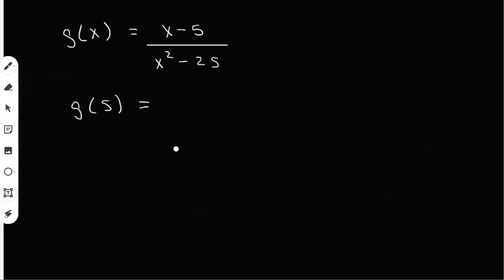If I plug in 5 to my function and try to figure out what my output is going to be, or what my y value is, here's what happens. You're going to replace every single x with a 5. And I'll do that for you. Okay? So on the top, what's going to happen with that 5 minus 5? That's going to give me 0, right? No problem.